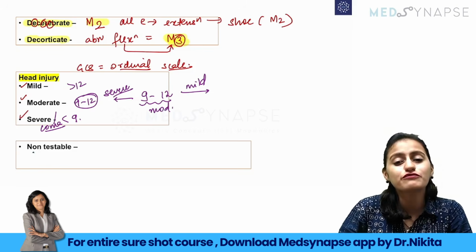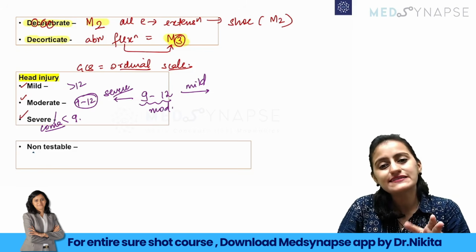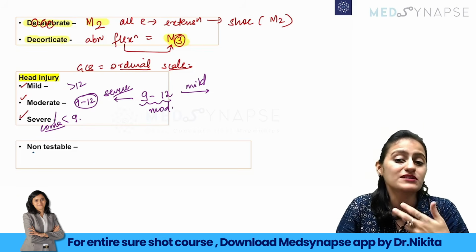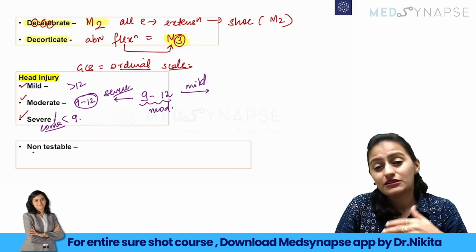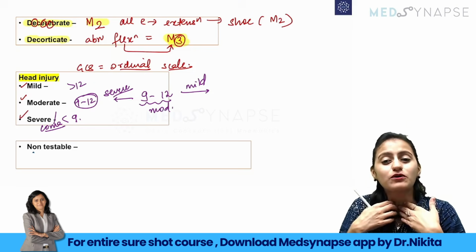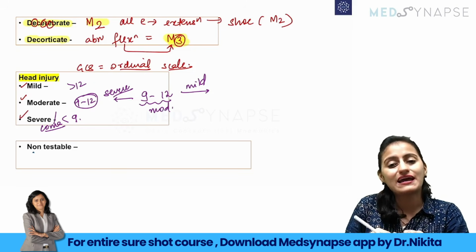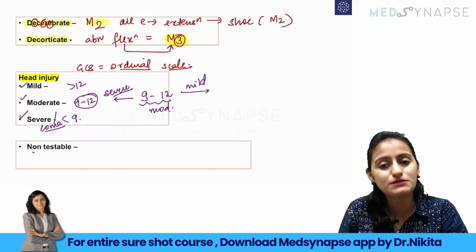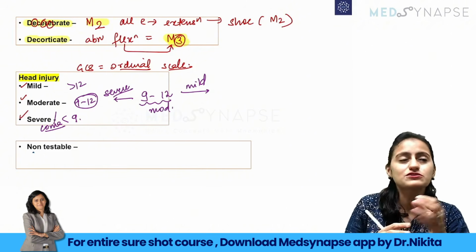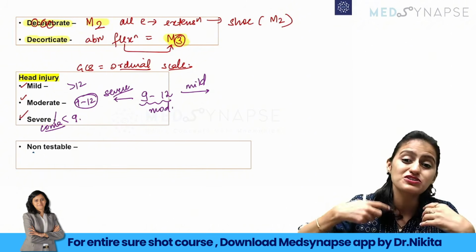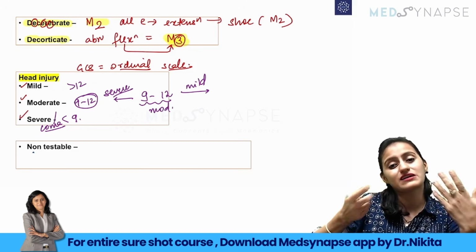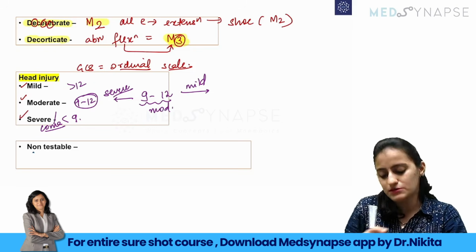When do you give a score of non-testable? For example, when you are testing for verbal response, but the patient is intubated, the patient can actually speak, but because of the intubation, mechanical ventilation, the patient is not able to speak. So, you will not give a score of non-response.